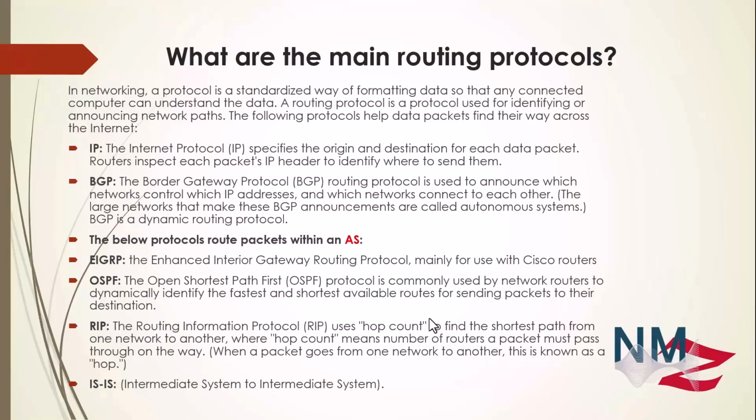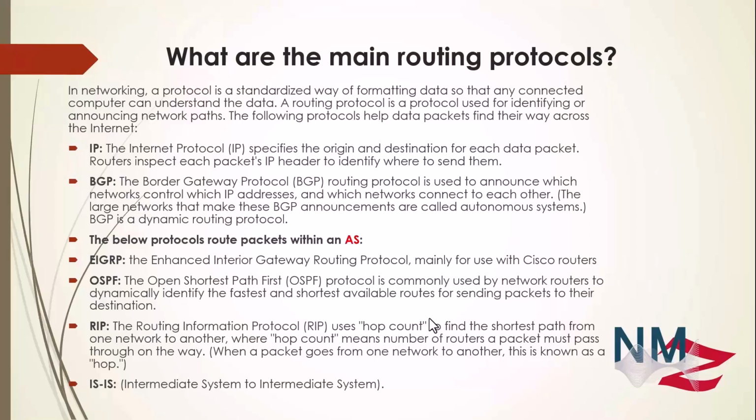We will speak more about BGP and autonomous systems in a future video, but here let me just tell you that BGP is widely used inside the internet, because the internet is a very large network, and it has many different IP addresses and many different borders of IP addresses.